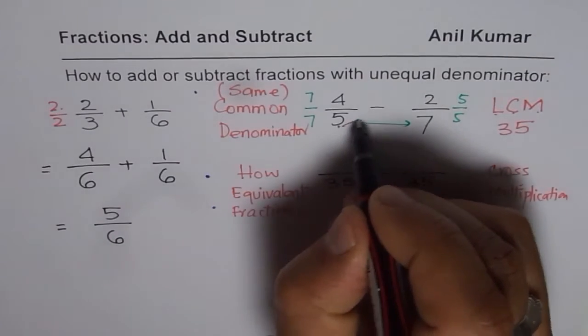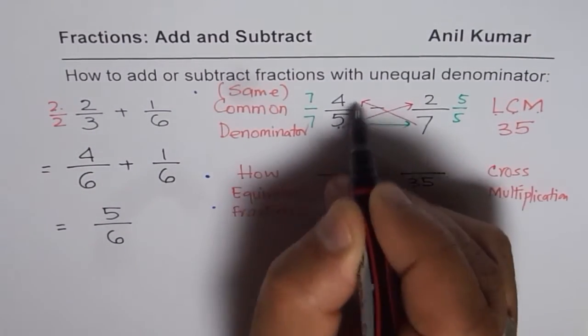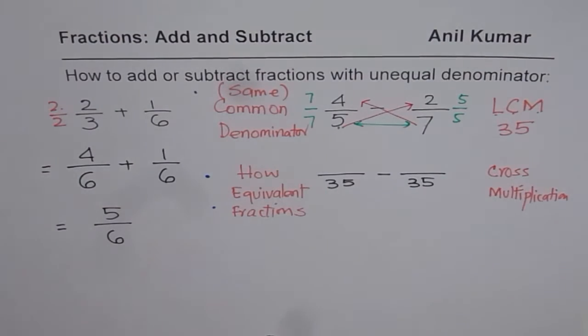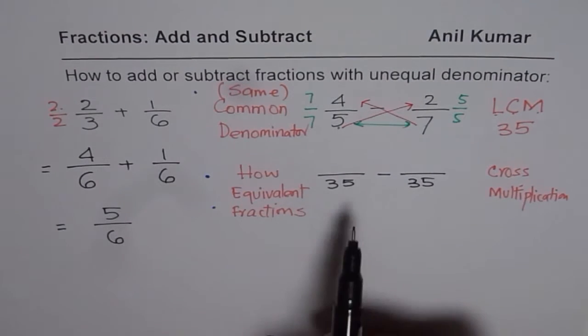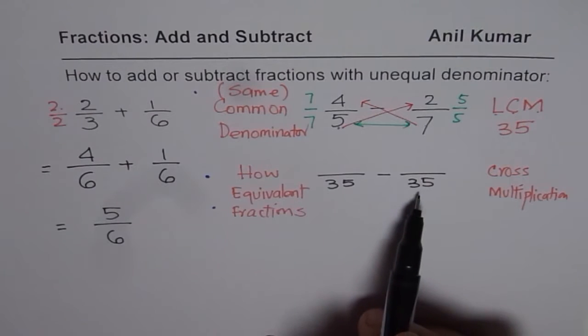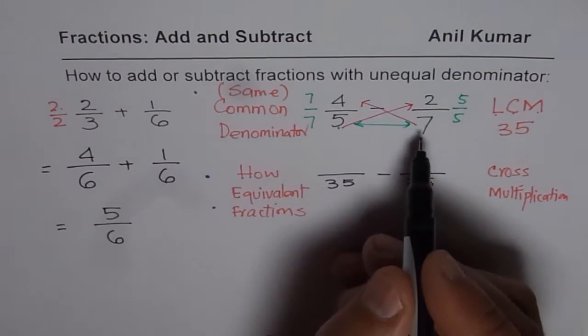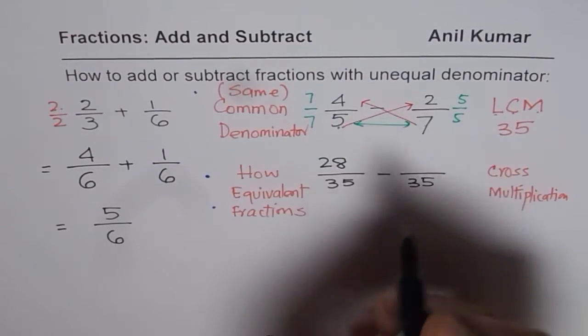Because you do 5 times 2 and you do 7 times 4. So that is kind of a cross multiplication. So we can adopt this method of cross multiplication and also do addition and subtraction when we have fractions with unequal denominators, right? So 7 times 4 is 28. 5 times 2 is 10.